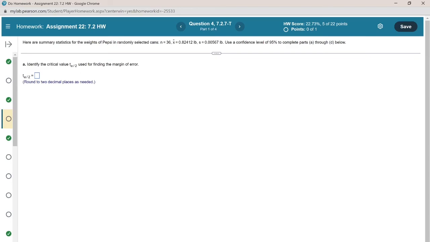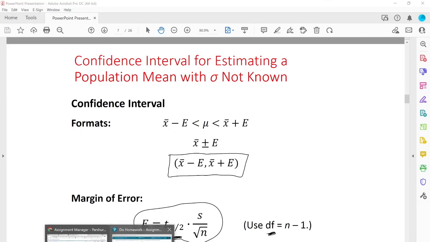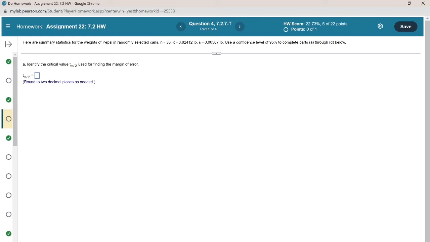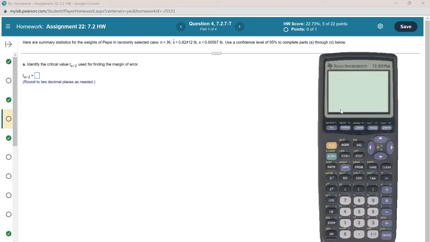And to find the t-value, as you can see here, it's very similar to the z-score. If you have a TI-84 calculator, then use second and distribution and go to number 4. You will see invT, and under that just put alpha over 2.